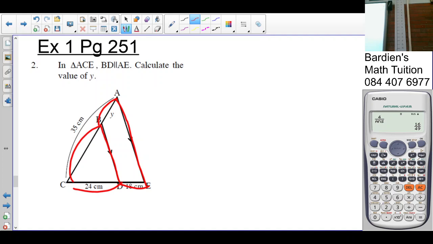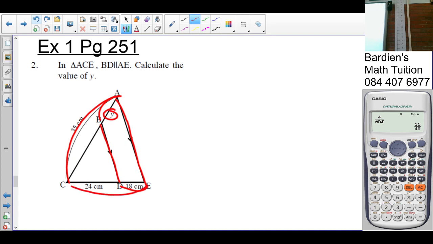But which variation of this ratio are we going to use here? It's going to be AD over AC, because I have the Y there and I'll calculate the Y, and AC because I have that 35 there. So AB over AC is equal to DE over CE.